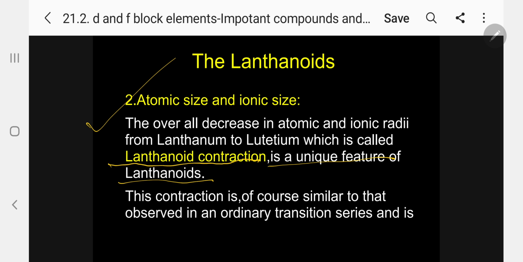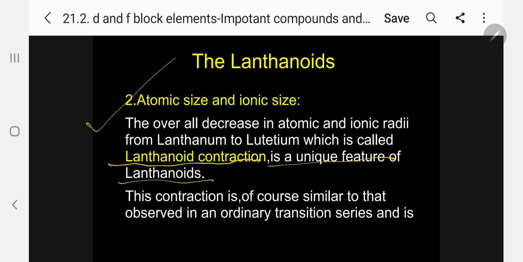Because all the electrons are added in the 4f orbitals, contraction takes place because of the nuclear charge added in the same shell. So it is highly contracted, more or less the same size. This unique feature is called lanthanoid contraction.